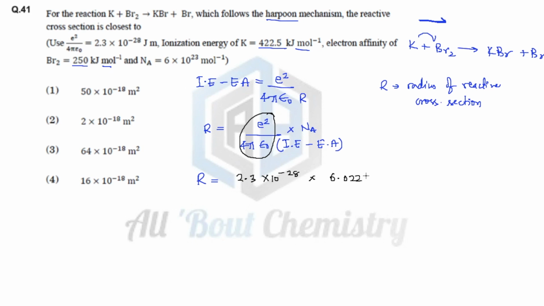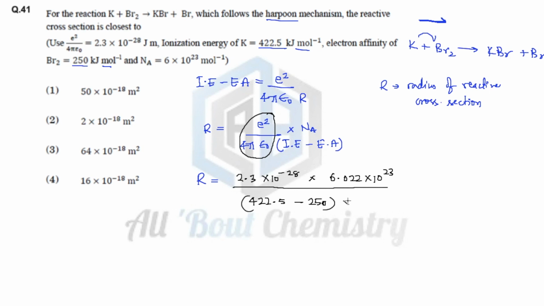Then the Avogadro number will be 6.022 into 10 to the power 23 divided by, I just have this term in my denominator, so this term is ionization energy, that is 422.5, and minus electron affinity, that is 250. Now remember one thing, that these terms are in kilojoules, whereas this term is in joules.